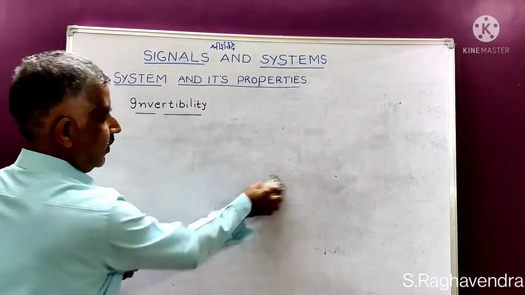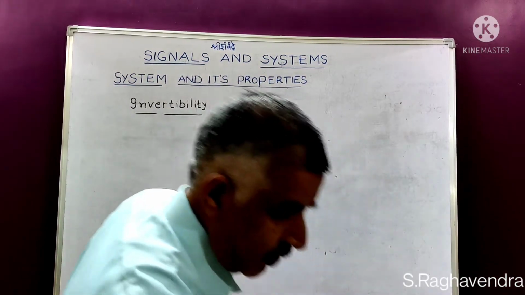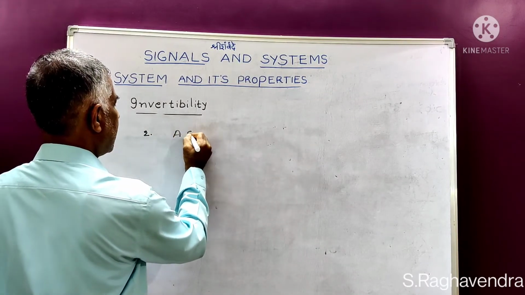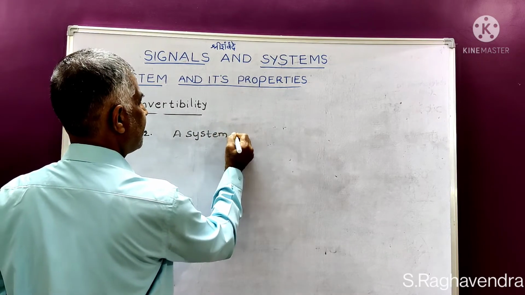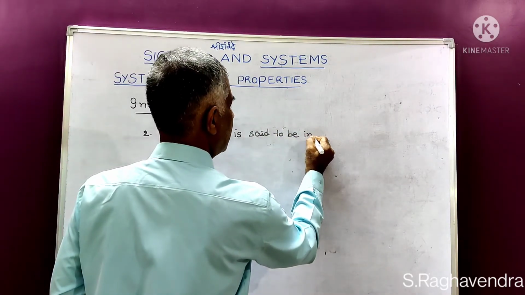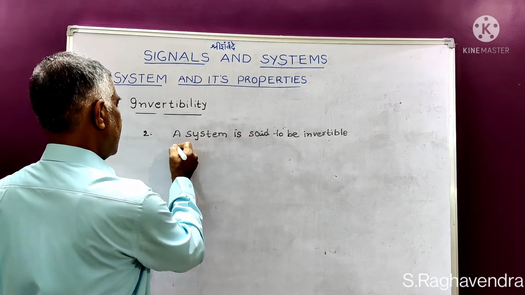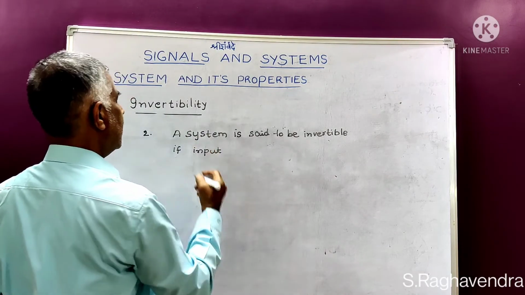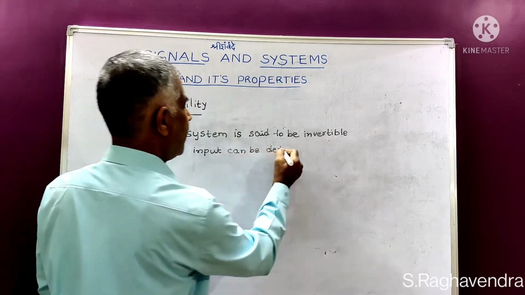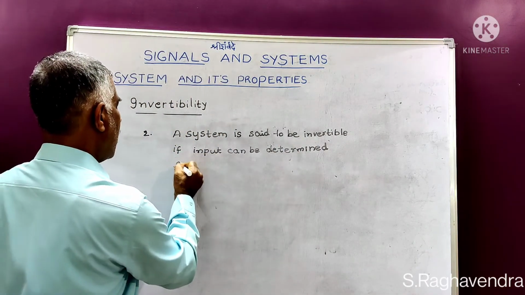Second definition of invertibility: a system is said to be invertible if input can be determined from output.